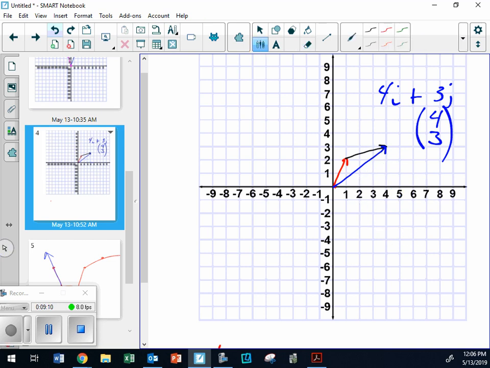Now, if you understood that one, try figuring out what the red one minus the black one would be. Red one minus the black one. Right away, I'm going to draw the black one backwards.